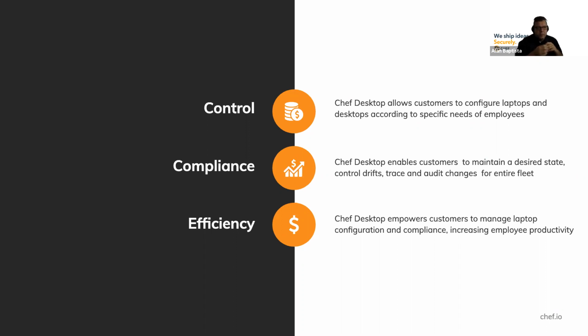We have customers that use Chef Desktop to configure the laptops and desktops according to their specific employee need groups, but others have enabled customers to maintain a desired state and control drifts from their desired state and really track the audit and have trackability and audit compliance, which is an incredible feature.